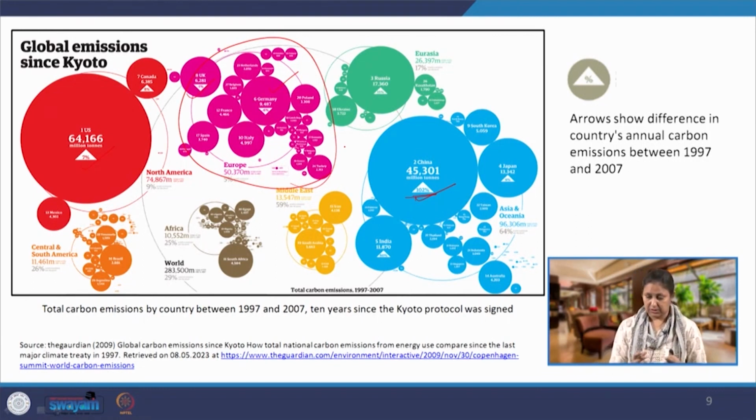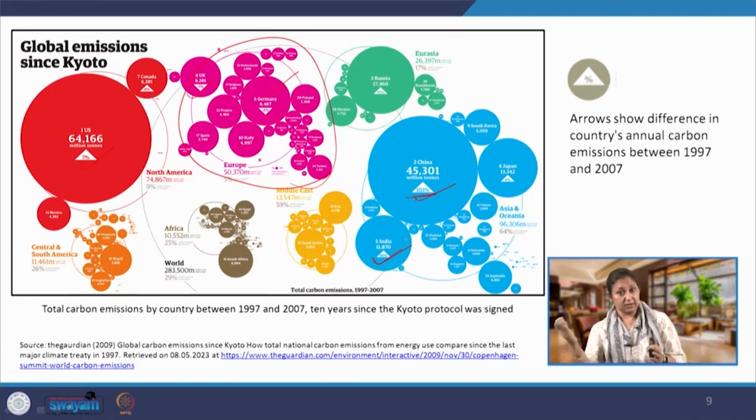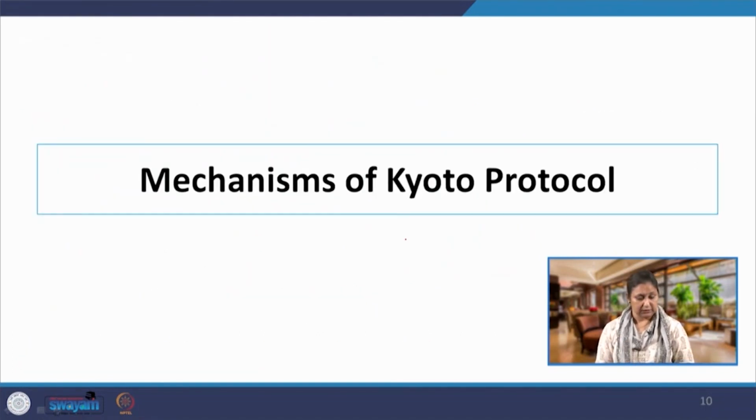If we look at India, we have also significantly increased our emissions, and this is a period of 1997 to 2007 when Kyoto Protocol was adopted for the first time, and 10 years from there India has also increased its emissions by 60% during that 10 years period, and we are talking about another 15 years from 2007. So, this is the scenario we are seeing: the overall global emissions have significantly increased, and they have not gone down.